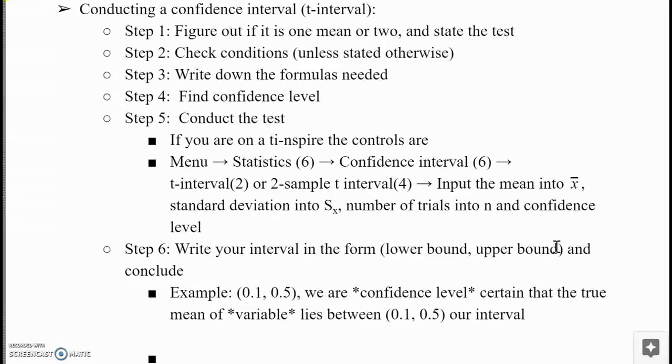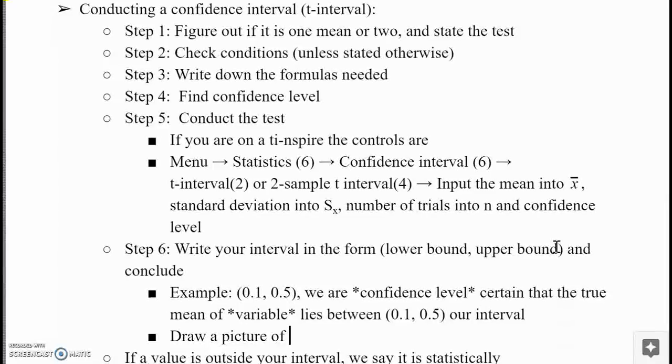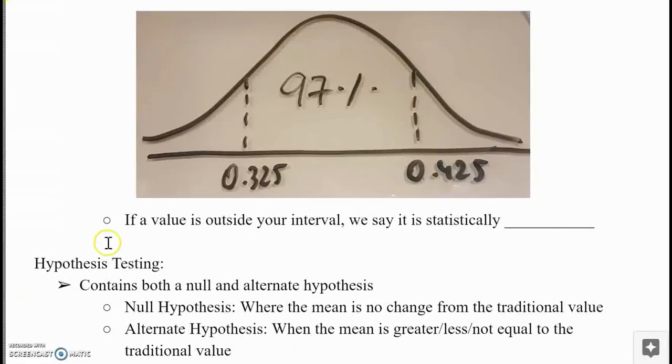And of course, as always, you draw a picture of your normal model. Now, a good way to do that would be like this. This is what I took from the previous unit. So, for example, if you had a 97% confidence interval that went from 0.325 to 0.425, this would be a good way to draw it. You can whip it up in a couple of seconds.